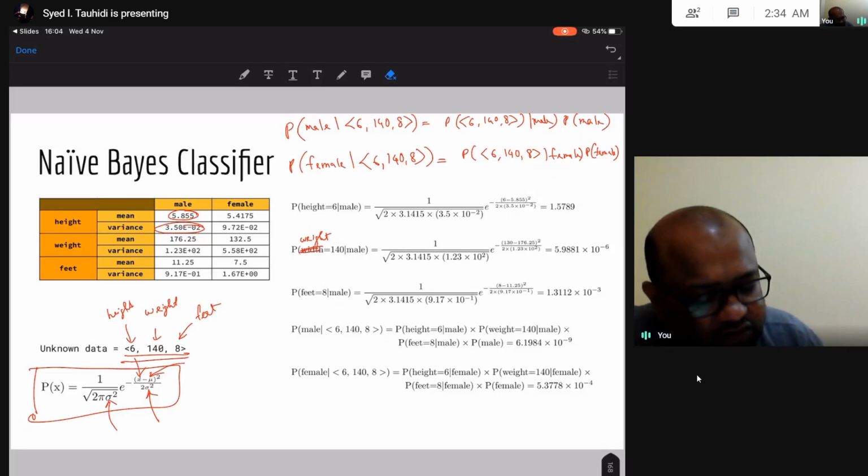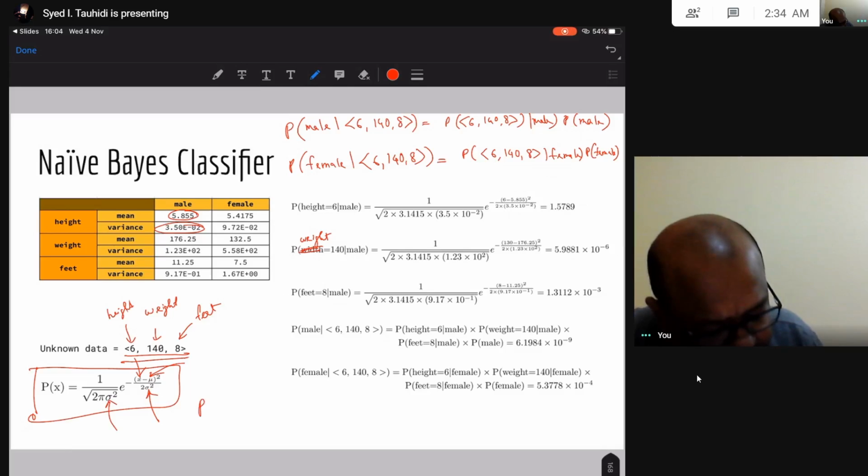Now this is what I need to calculate. The probability of 6, 148 given male is equal to probability of 6 given male.